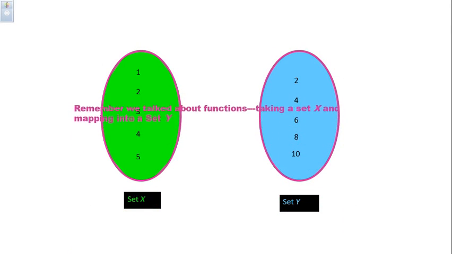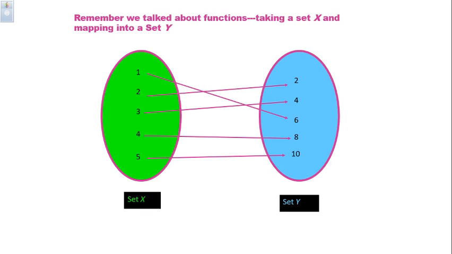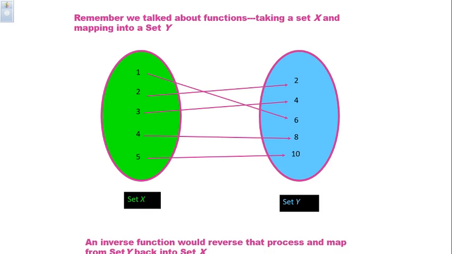If we recall, a function is a rule that matches each x value in the domain to exactly one y value in the range. So in this case, for example, 1 matches to 6, 2 matches to 2, 3 matches to 4, 4 maps to 8, and 5 maps to 10. So what we have here is a function.